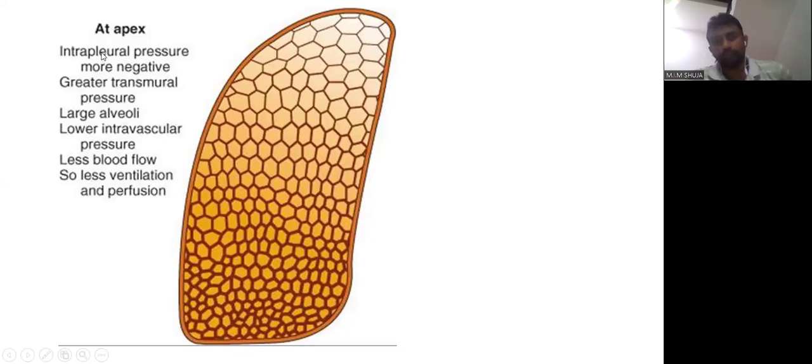So at the apex, intrapleural pressure is more negative, so greater transpulmonary pressure, large alveoli, low intravascular pressure, less blood flow. So less ventilation perfusion. You got my idea?